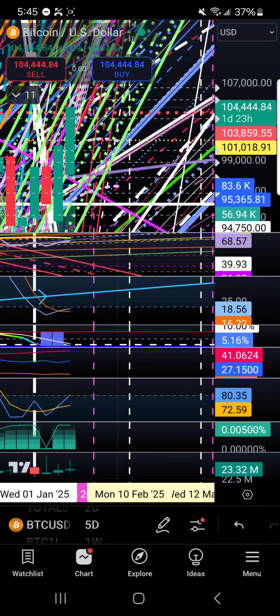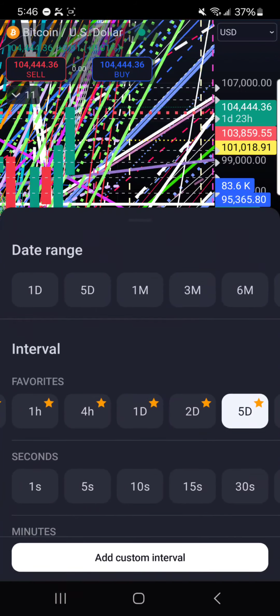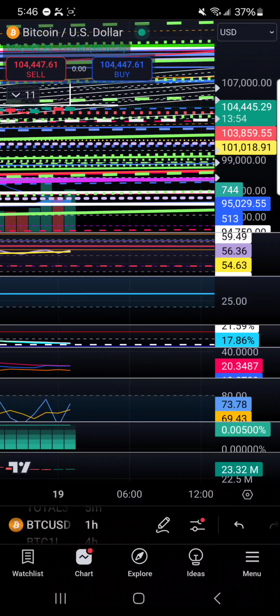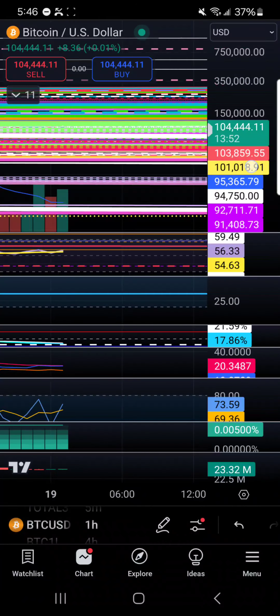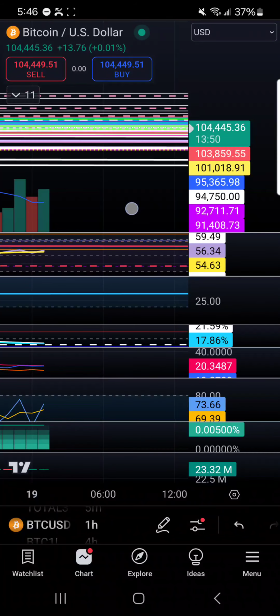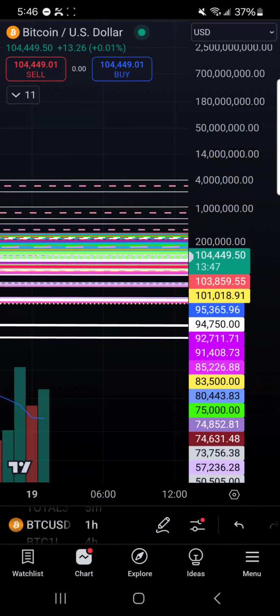Stochastic RSI is crossed up above the moving average, and let's switch to an hourly and see what just happened that made that go from 4 something to, oh, we haven't really pumped that much.